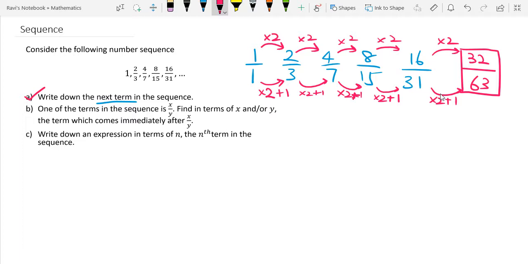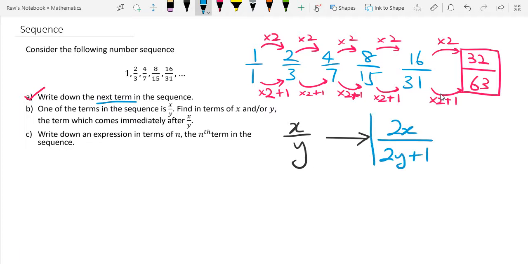For part B, we are told that the current term is x over y. In terms of x and y, how do I represent the next term that immediately comes after the current x over y? This is actually what we just did, correct? We just established that the next term has the numerator multiplied by 2, and the denominator multiplied by 2 plus 1.